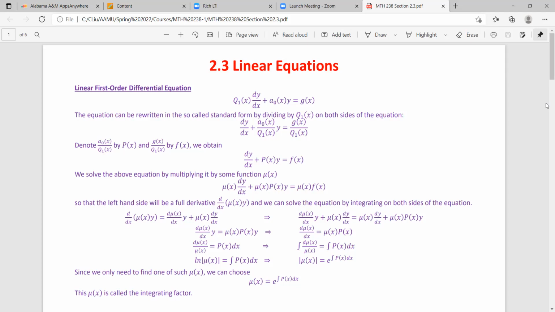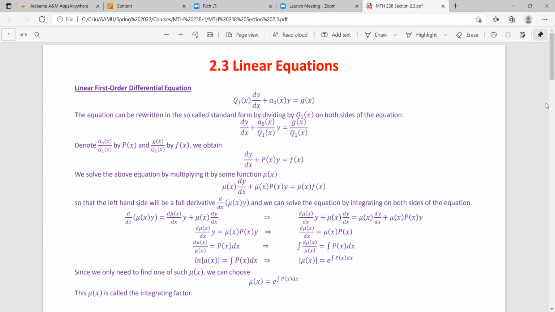All right, so if we integrate on both sides, you get the natural log of the absolute value of mu on the left, and you just integrate p on the right side. So that means the absolute value of mu has to be equal to e to the integral of p.